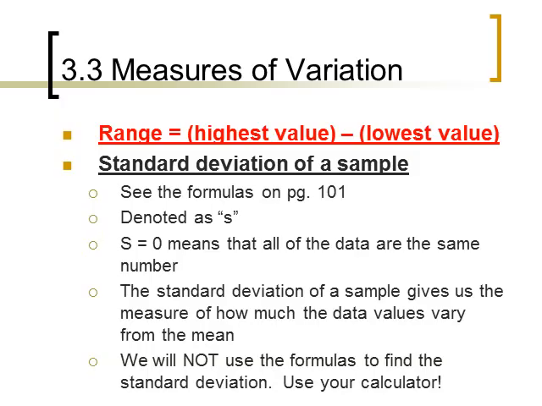You should have a calculator to use for this course, and I'm going to explain calculator tips that will allow you to calculate the standard deviation of the sample just by entering the data in the calculator. Standard deviation of a sample is denoted as a little lowercase s, and if the standard deviation is equal to 0, then that means that all of the data are equal to the mean, or all of the data are the same number.